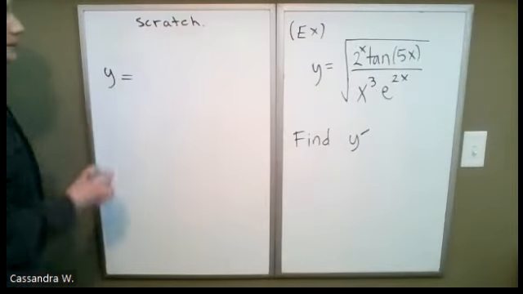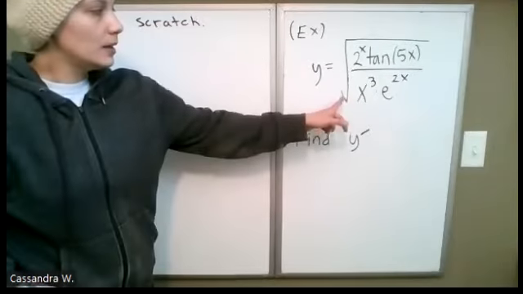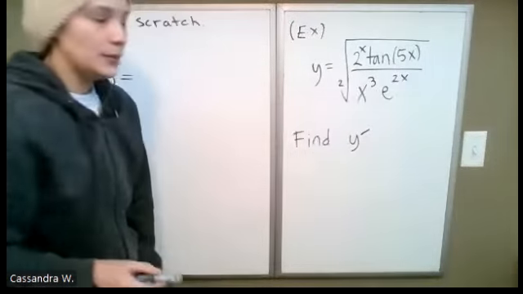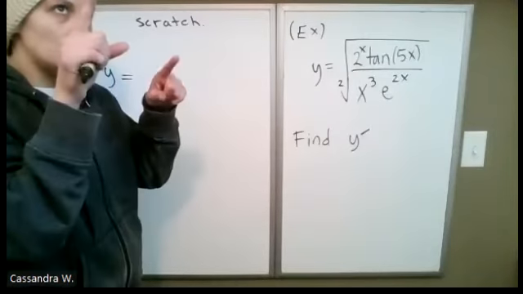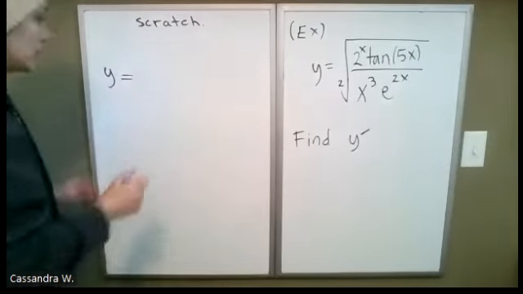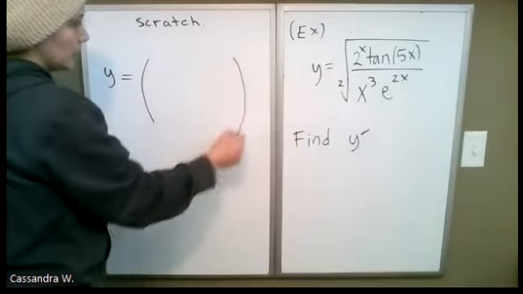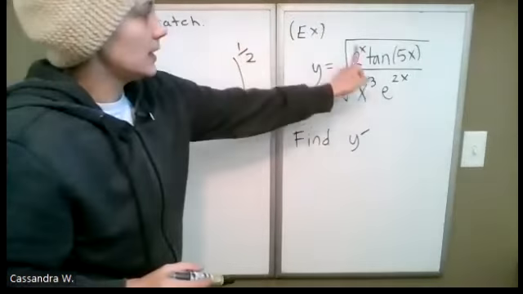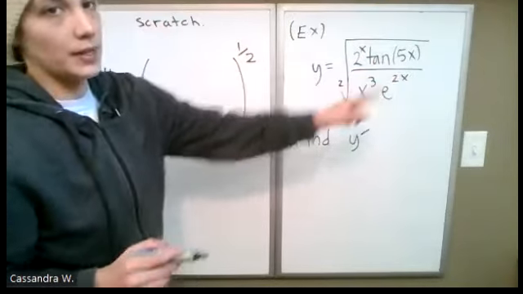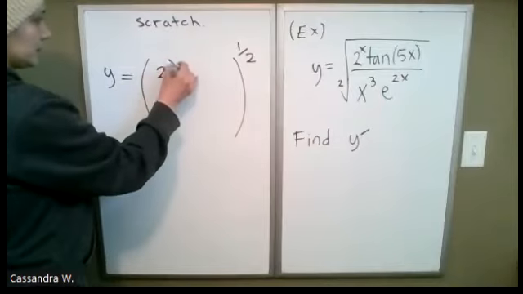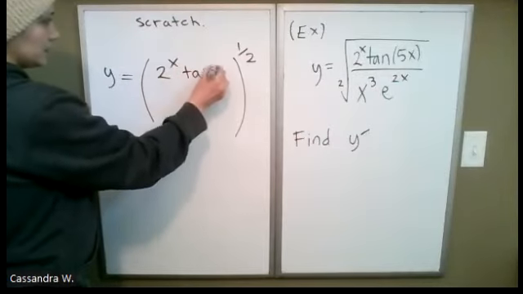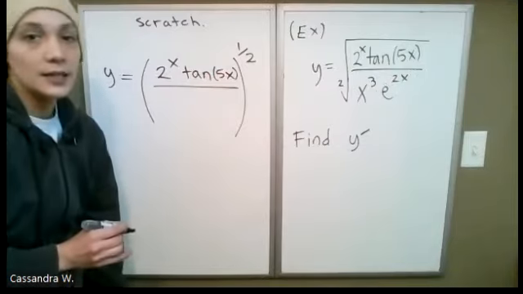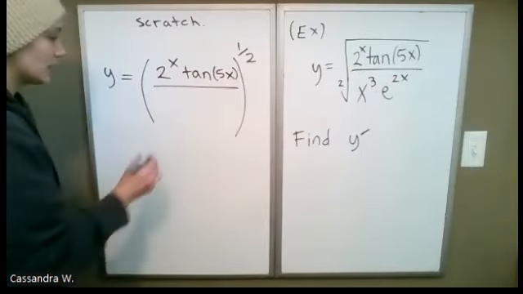Y is, when you have a root, it's a square root. And the root is always in the denominator of your power. So we're going to go here, the 1/2 power. And inside is the 2 to the x, tangent of 5x, over x cubed times e with power 2x.